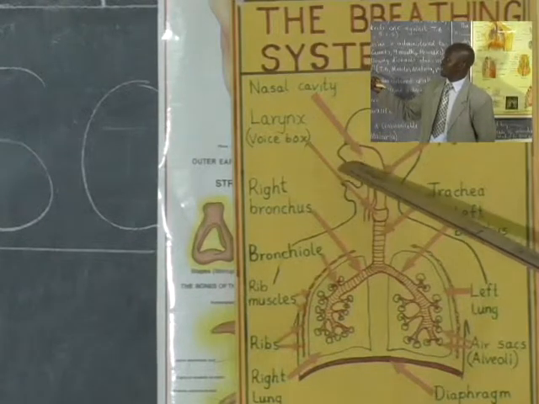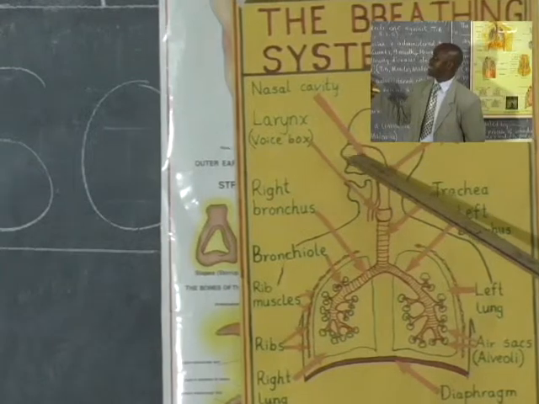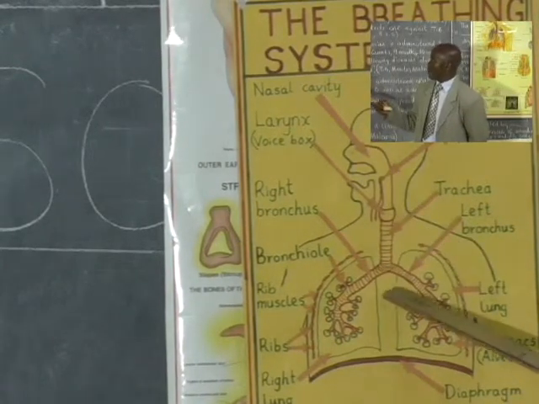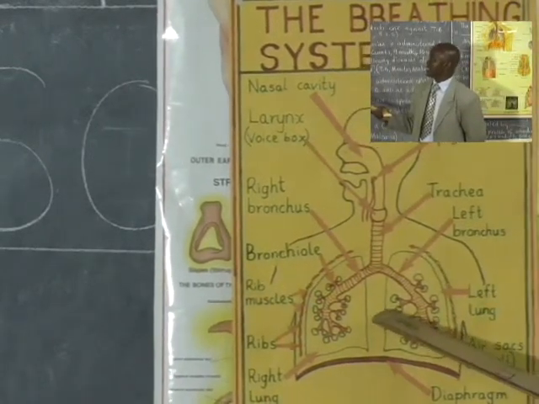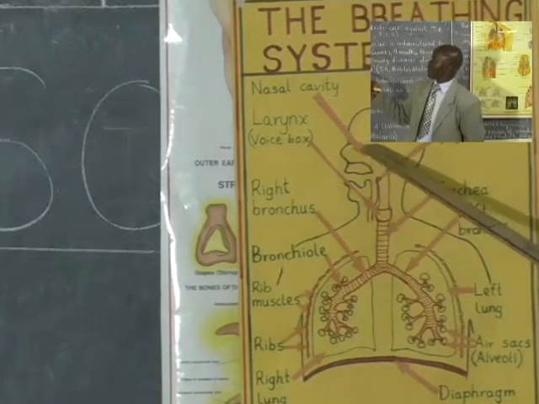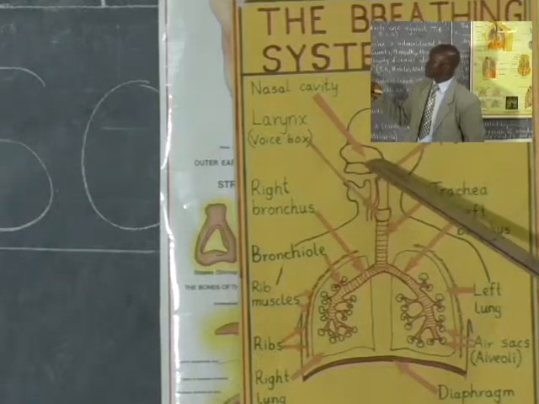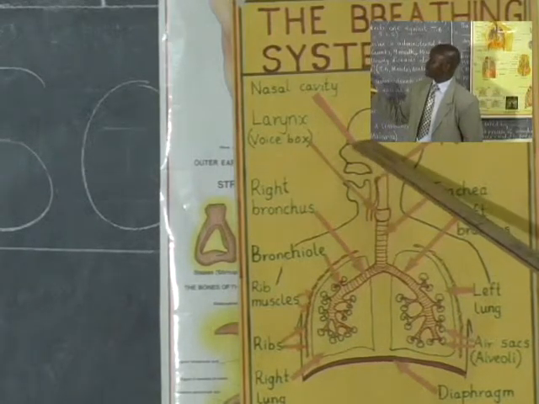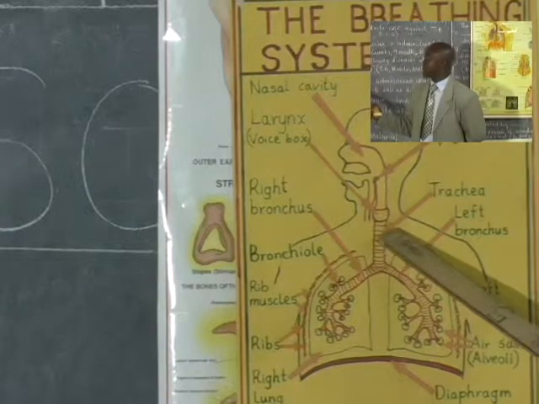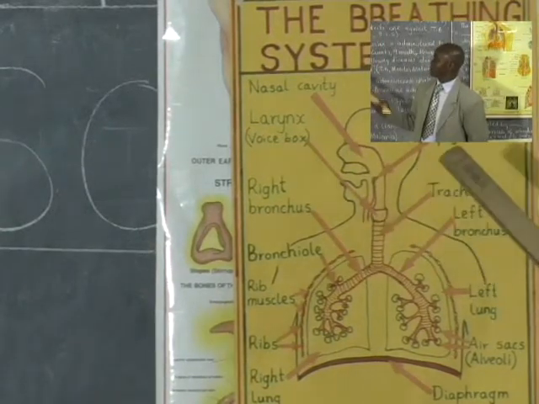When we breathe in, like I mentioned initially, we occasionally breathe in dust particles, and our body does not want dust particles. So the nasal cavity traps the dust, so that the dust is not breathed into the system. The air that goes down is warm and clean.